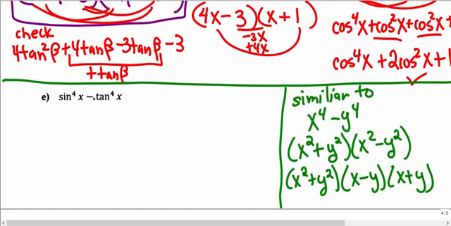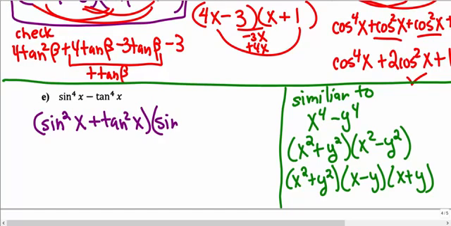But in trig, we're going to do something very similar. So we are going to think about this as a difference of squares, and we will first factor this as sine squared x plus tangent squared x times sine squared x minus tangent squared x. So initially it factors as those conjugates, but then anything that can be factored down more, we would like to factor it more.